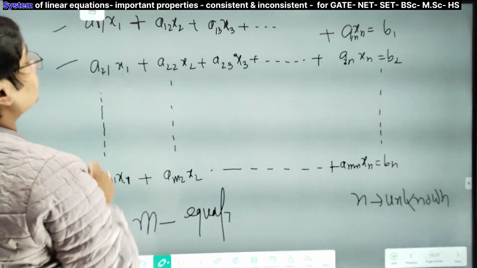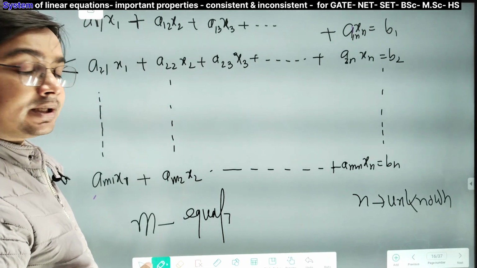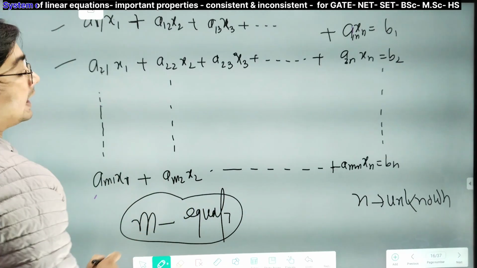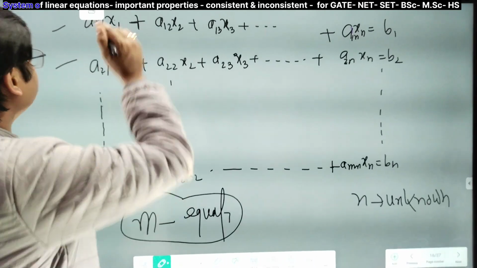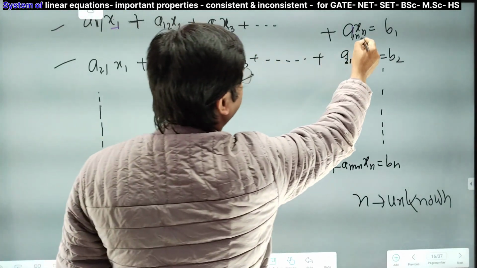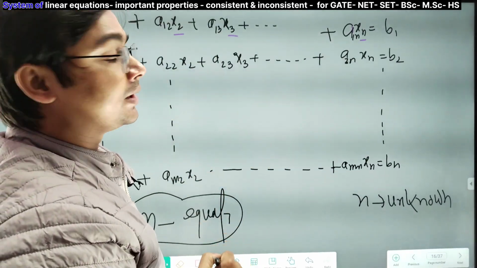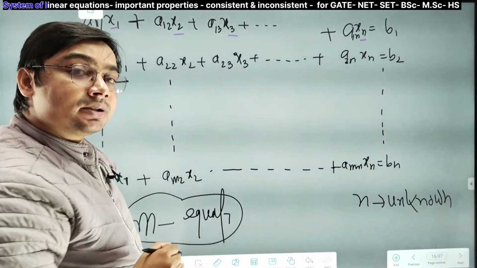Here I consider m number of equations, and the number of variables is n. You see, I consider x1, x2, x3 up to xn. That means n variables or unknowns. And how many equations are there?